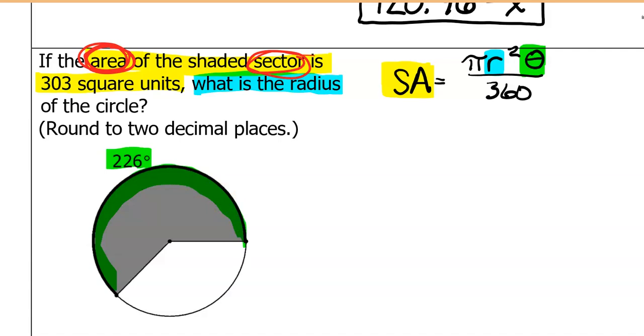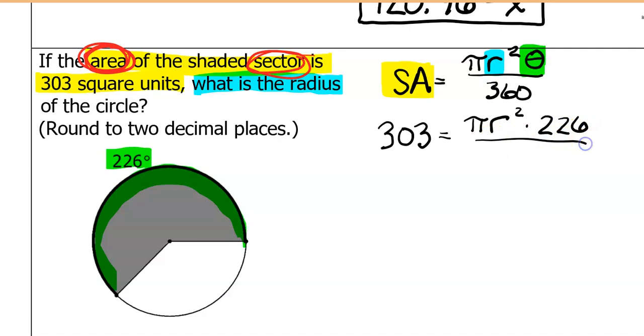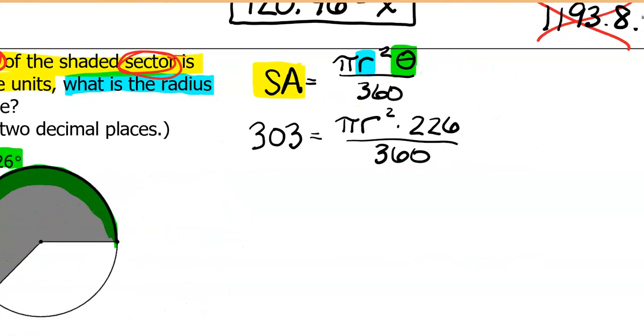So sector area, that's 303, equals pi times a radius squared, which I don't know, times theta, which is 226 out of 360. With this version of the formula, where the area is just over here by itself, I'm not going to bother cross multiplying because it's just one fraction. I am just going to multiply both sides by 360.